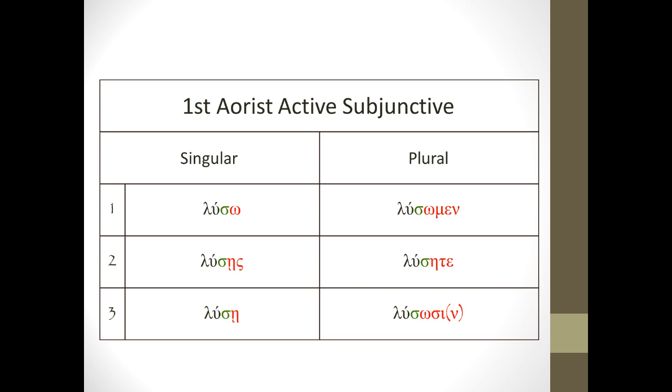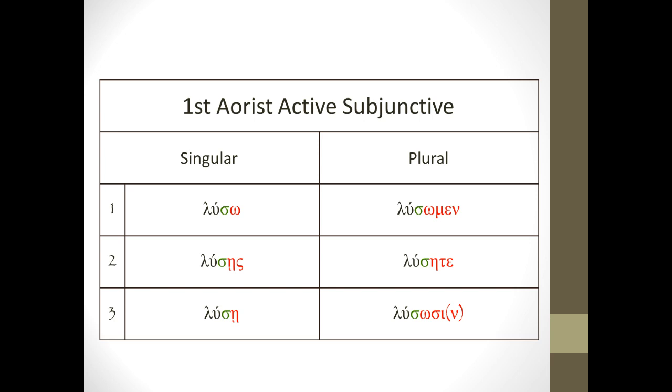When we move into the first aorist active subjunctive, there is room for potential confusion, but really only on the first person singular, the luso. Because remember, if you have concentrated on how to spell your present active indicative endings, then when you look at your luces in the second person singular or your luce, for instance, in the third person singular, you'll notice that there is a slight change in spelling. In fact, we have actually got lengthening here. Okay? So that'll be a clue that you're not dealing with the indicative mood, but you're dealing with the subjunctive mood.